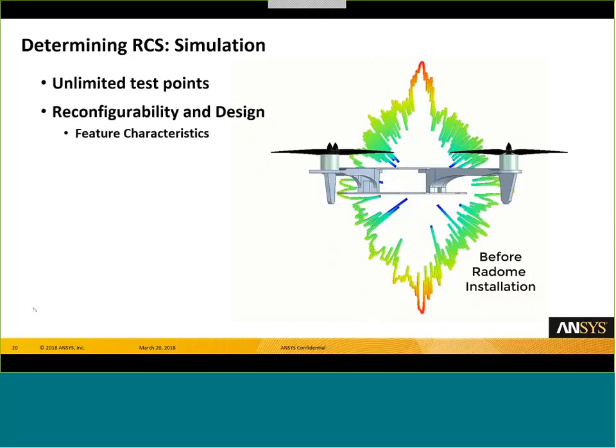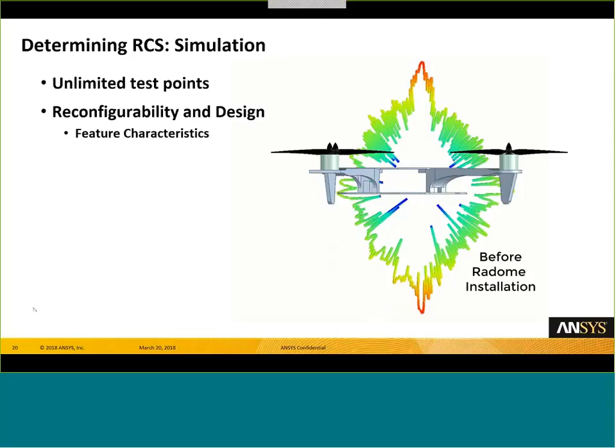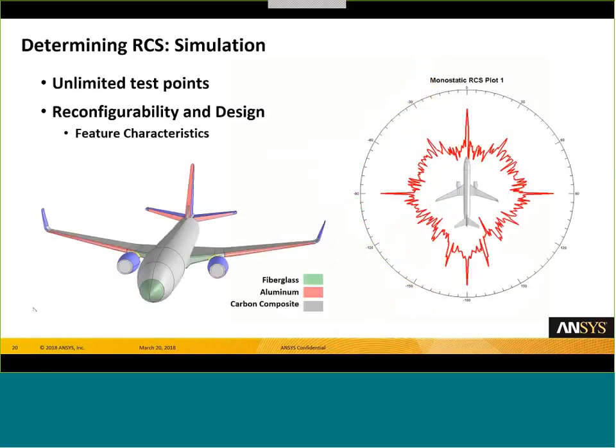The same goes for reconfigurability studies, where we want to understand maybe feature characteristics. With an analysis, you have the ability to hot swap CAD models in a simulation without having to generate the actual physical prototype of interest for all these different test points. And that goes the same for material properties.